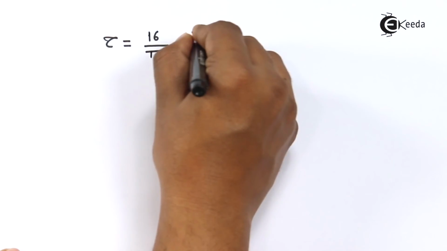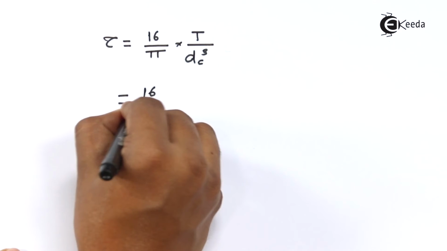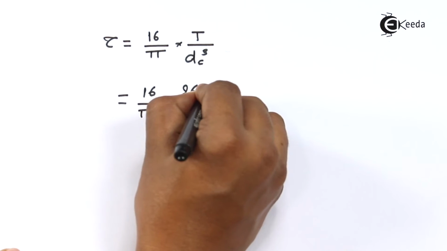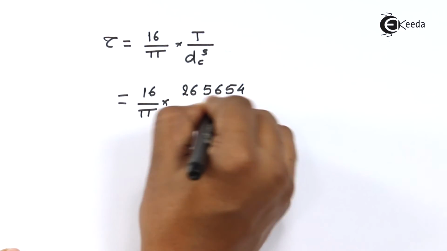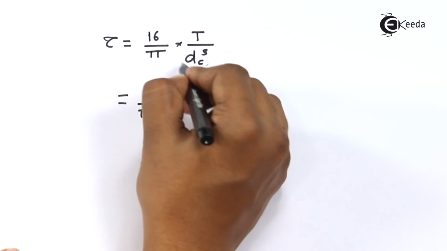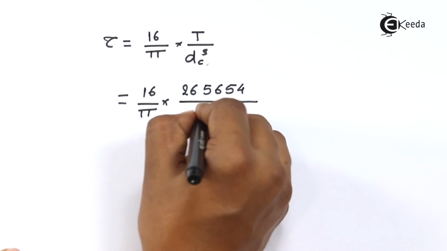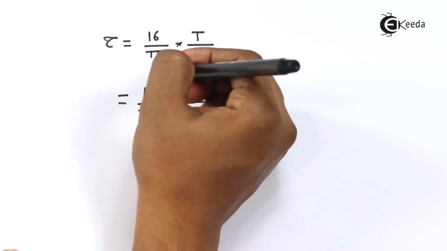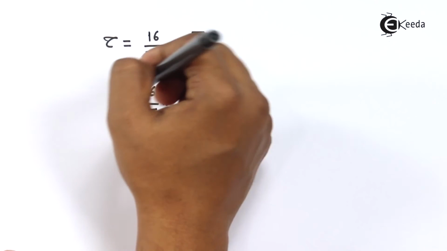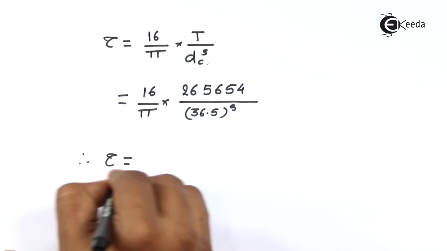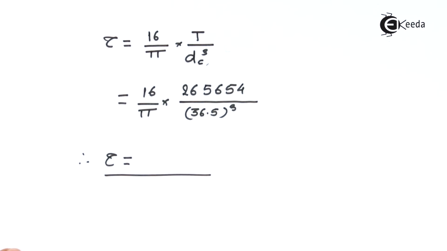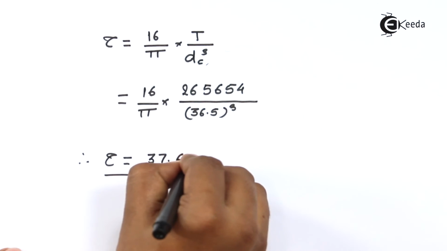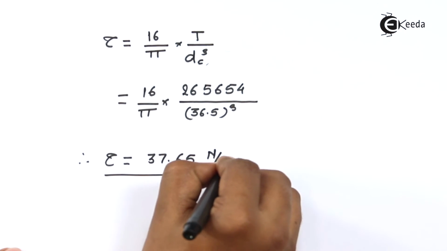We have all these values, so after substituting them we will get 16 by pi into the T value that we have found out right now, divided by the core diameter we have found out. Upon solving this particular relation we'll get the value of tau. Let me solve it for you, and the solved value comes out to be 37.65 Newton per millimeter square.